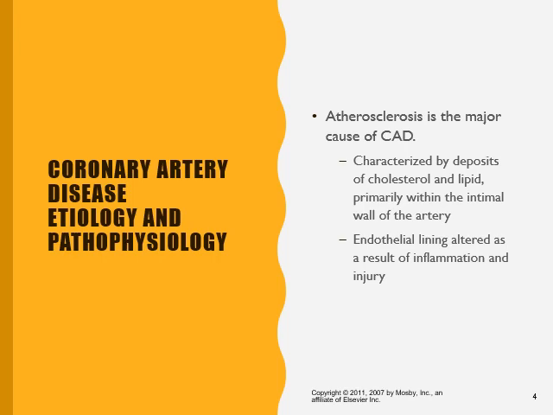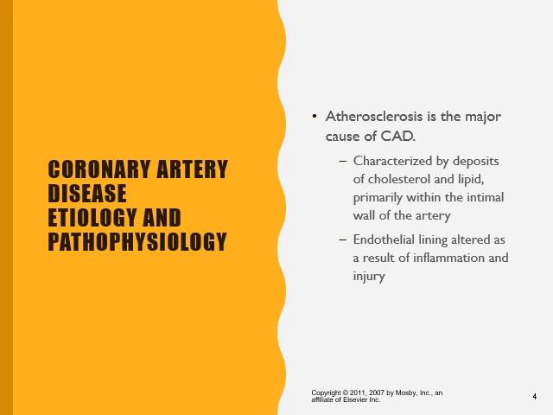Coronary artery disease, we want to talk about how it starts and its mechanisms. It's progressive. The problem is that it leads to narrowing of the coronary arteries. The coronary arteries bring oxygenated blood to the heart and to other organs. So we're going to see that arteries are on the outside of the heart, perfusing the heart.